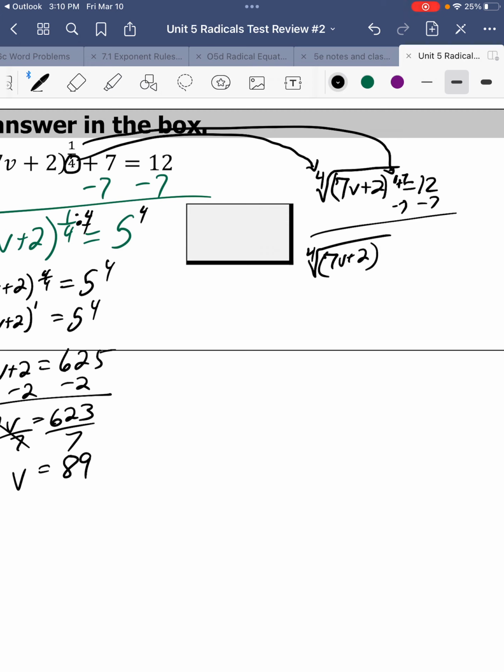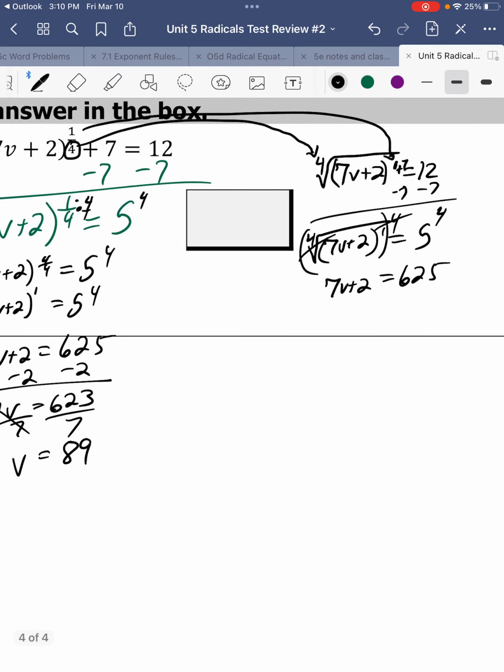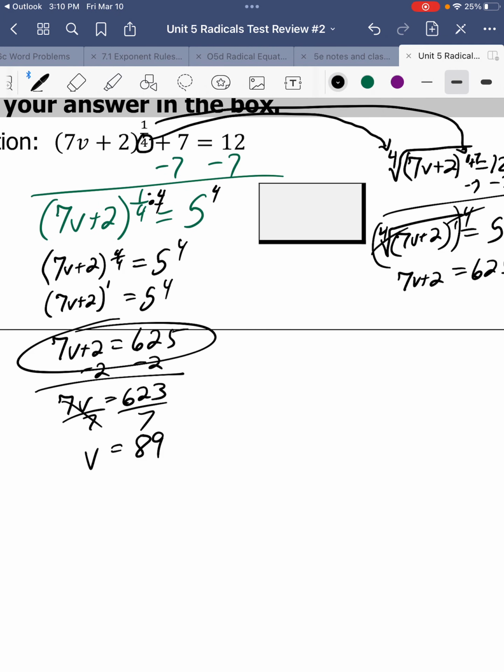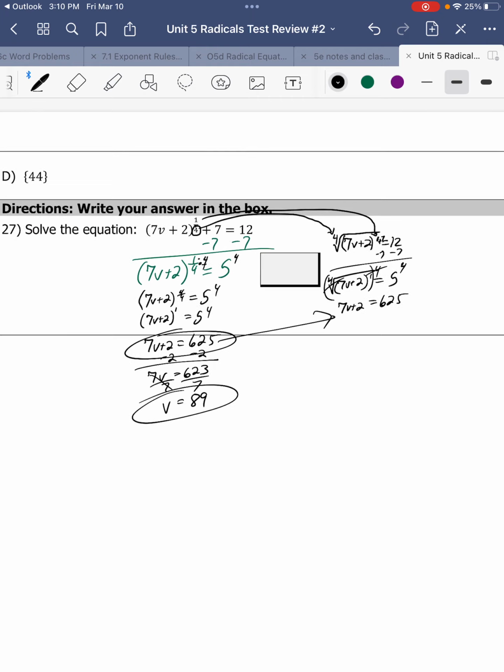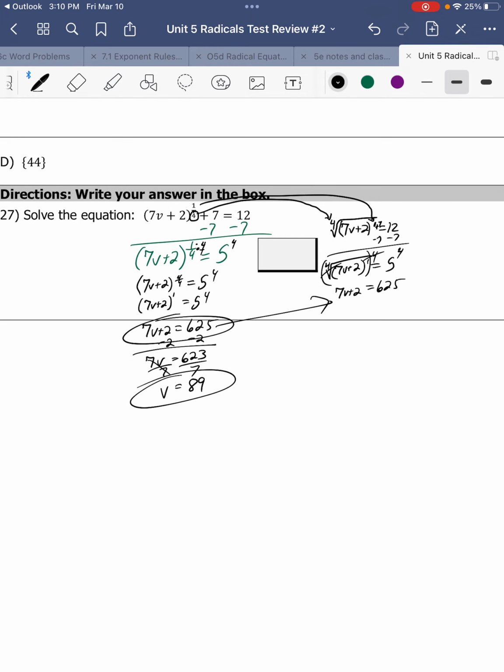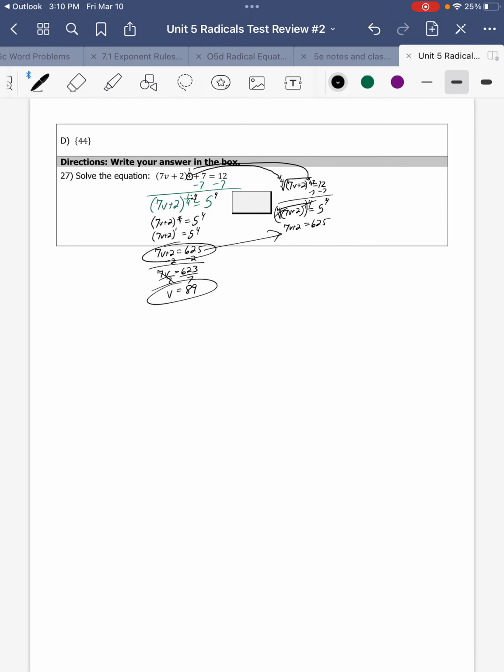And we get the 4th root of 7v plus 2 raised to the 1st, which doesn't do anything. The radical is isolated, so you raise it to the 4th power. Then you have 7v plus 2, and we're at the exact same spot as before, so it's the exact same work. So v is going to equal 89. We never had a quadratic, so we don't have to worry about checking it.